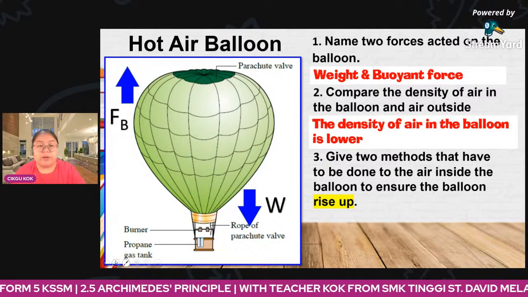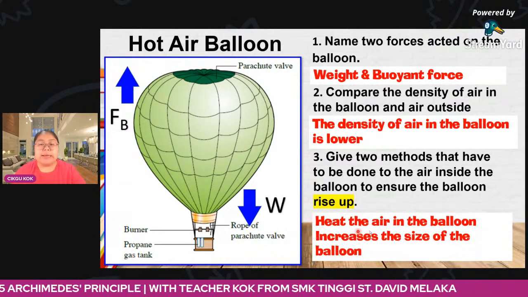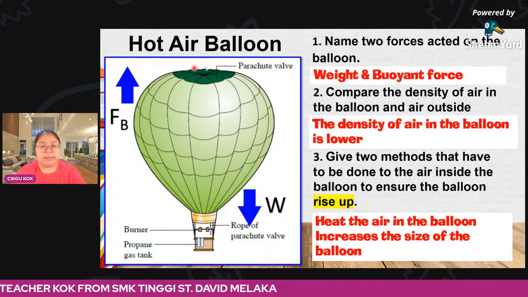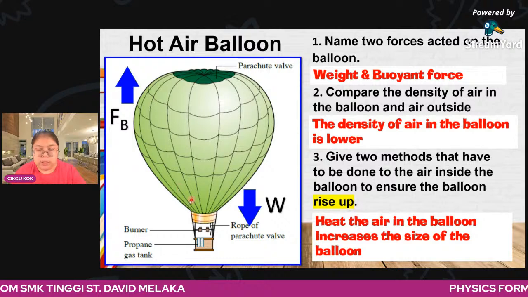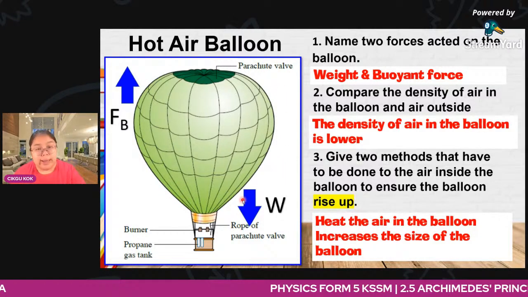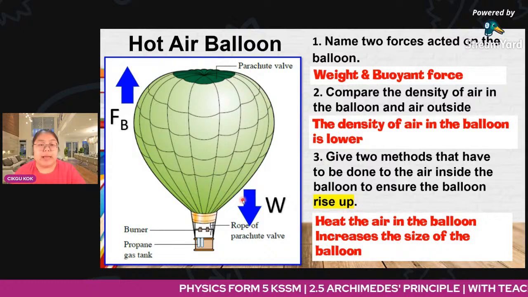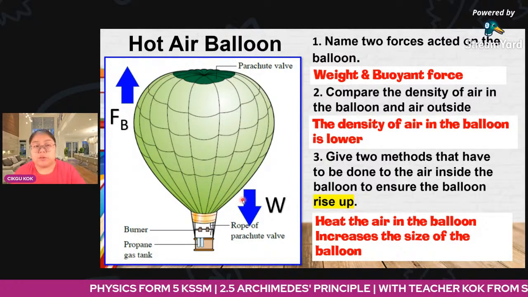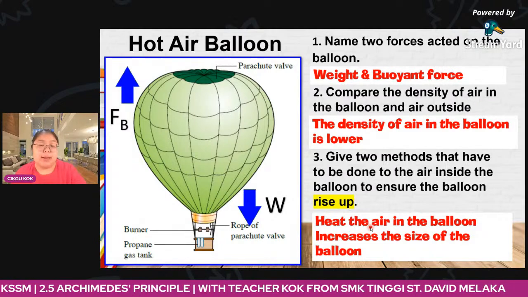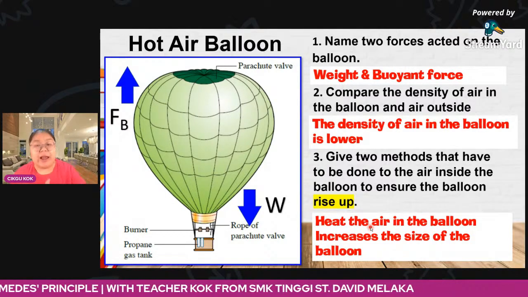So the first one, heat the air in the balloon. Number two, you increase the size of the hot air balloon. When you increase the size of the balloon, it traps more air, which increases the buoyant force, so it can lift higher. So these are two methods to make the balloon rise up.